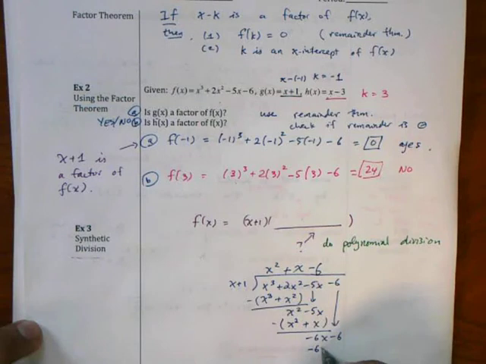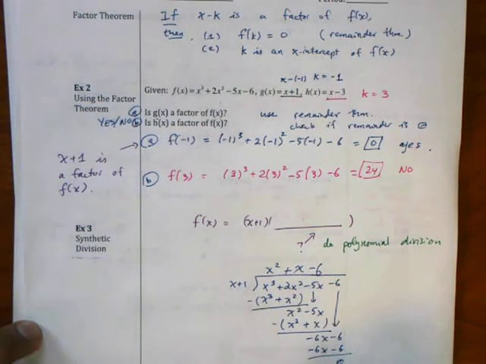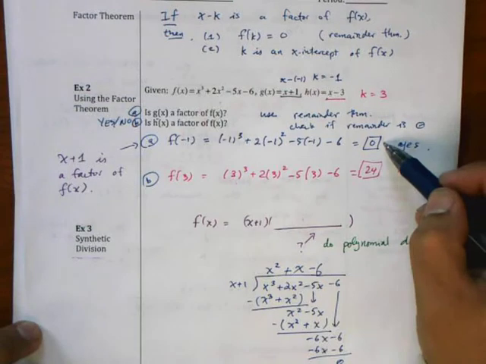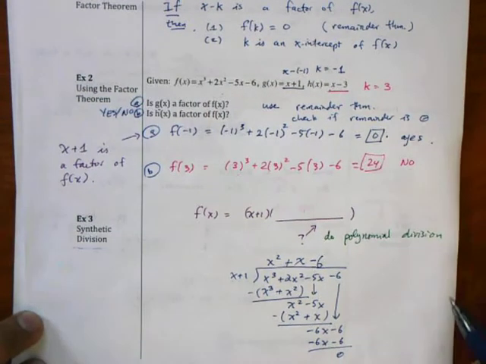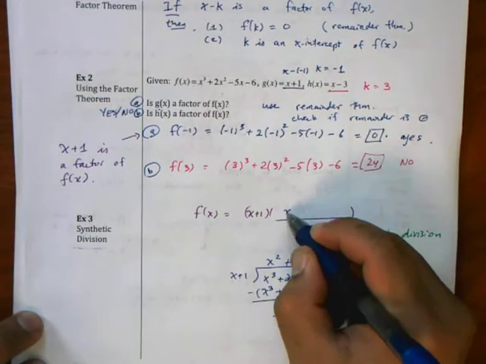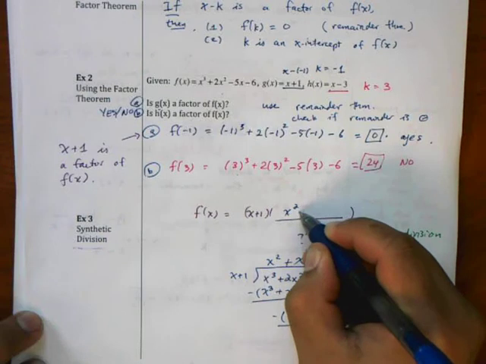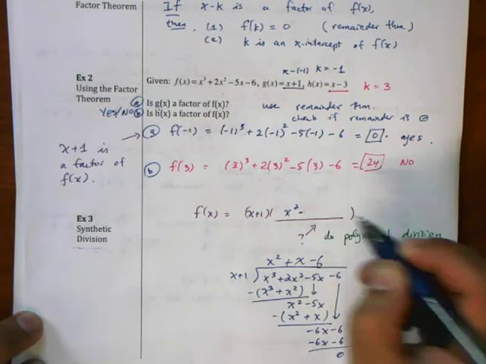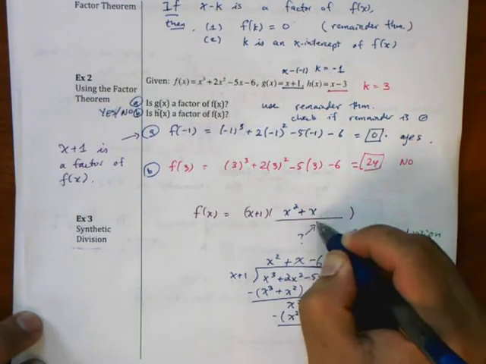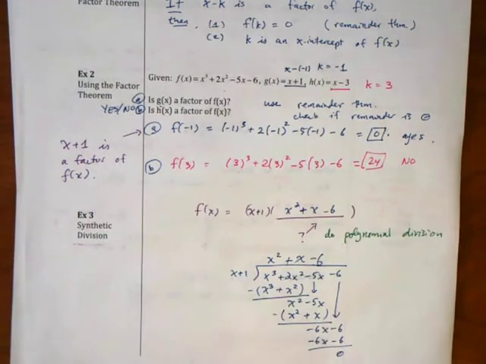Multiply this out, you get negative 6x minus 6. This is 0, and the remainder should be 0, as we know it should be. So this is going to give me x squared plus x minus 6.